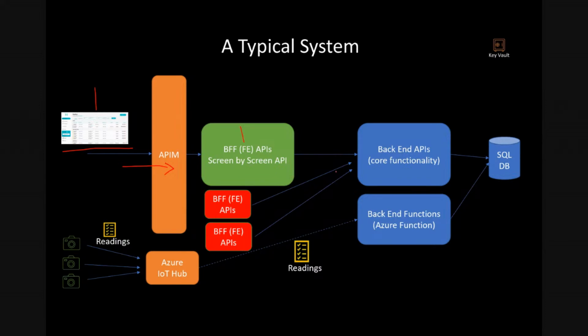And then as we move along a bit further, we have some back-end APIs, and I call those core functionality. They've been born from the very beginning, and they're tested a lot more. They're a lot more robust. If you think about banking and financial institutions, these APIs are on a different version time frame.